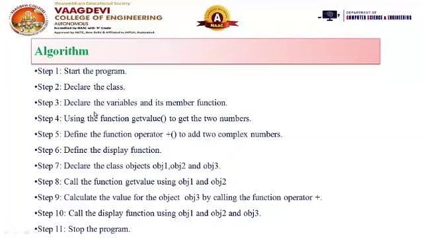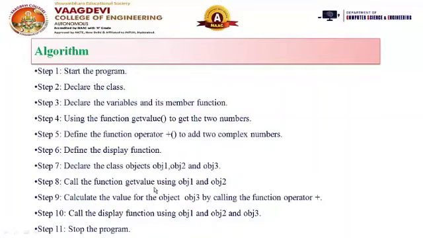In the next 3 steps, we'll be declaring as well as defining the member functions, that is the getValue function, operator function and display function. In step 7, we create an object for the class.